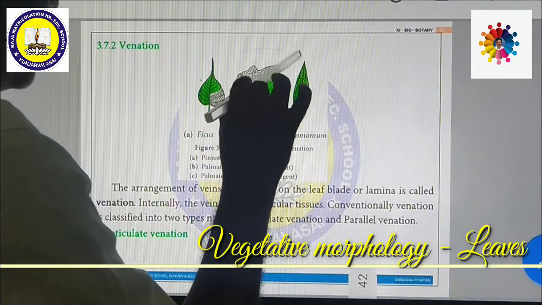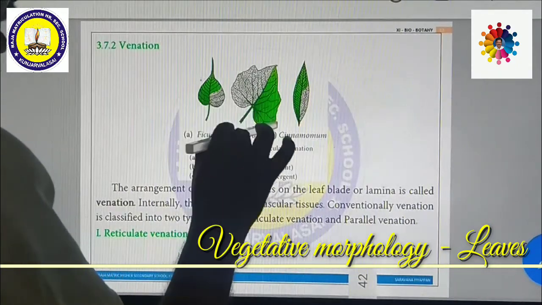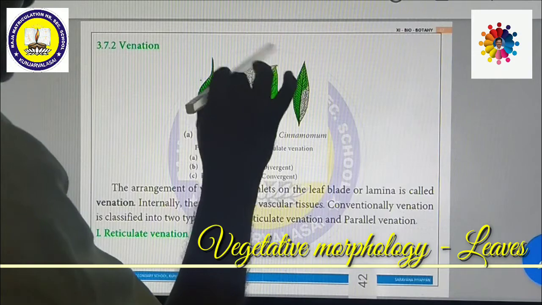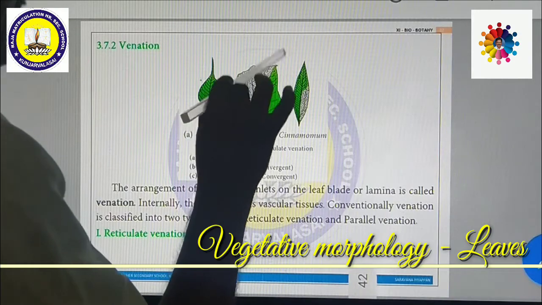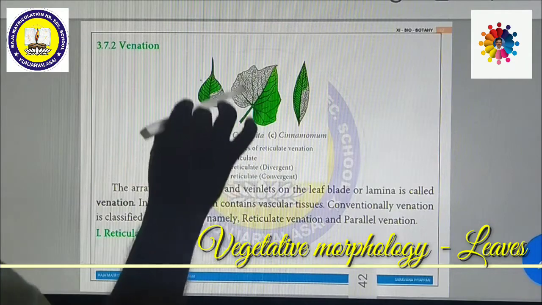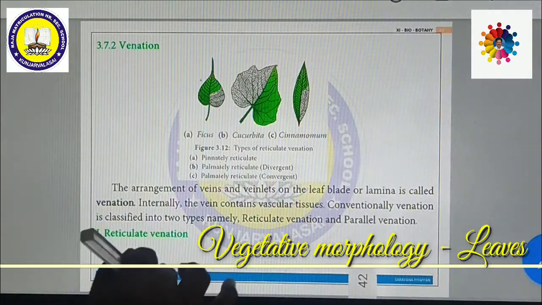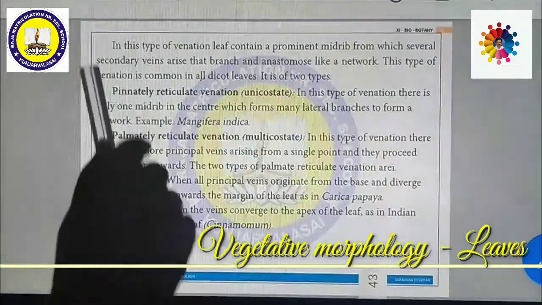If they converge at a point, these are called convergent. If they are not joining at a point but are dispersed here and there, then this is called divergent. So, palmately reticulate venation divergent, palmately reticulate venation convergent. The details we can see.